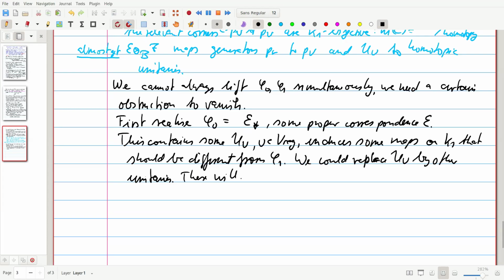And these will be something like, well, maybe I call them WV times UV, where WV is now a unitary in, let's say, PVV. Or I should have called it QV, that was my notation before.